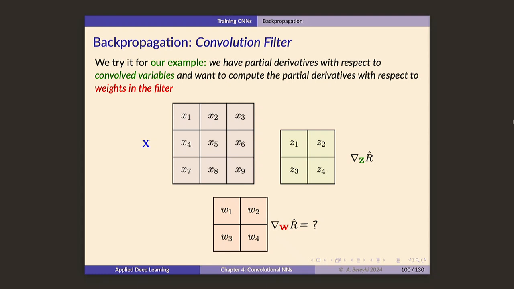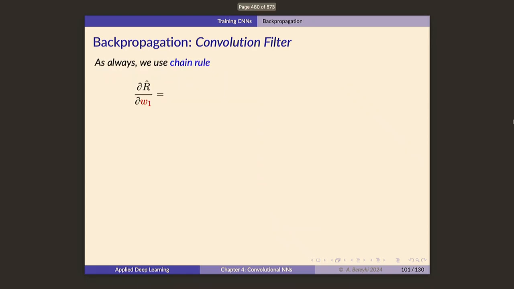So I want to know what is the gradient with respect to the weight. Now, how can I do it? A $1 billion question. Chain rule, right? So always chain rule, nothing else. So let's do the chain rule again. What is the partial derivative with respect to W1? If I want to do that, what should I write?